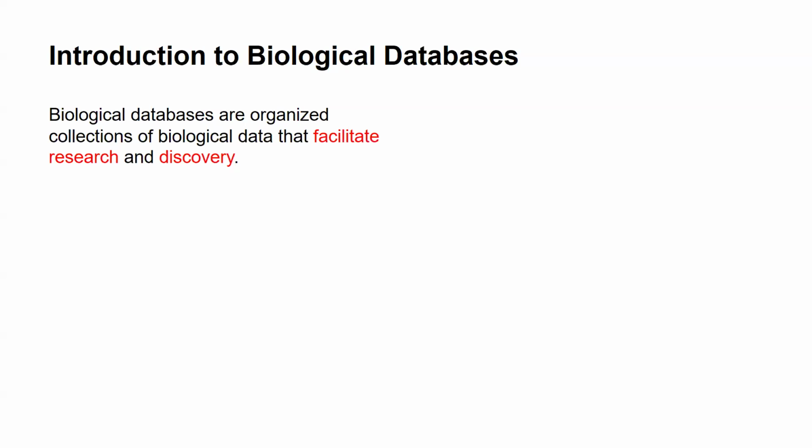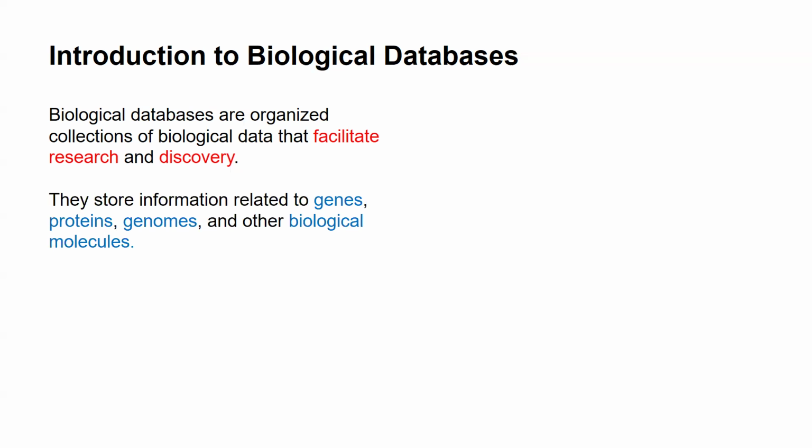So a biological database is a database that contains an organized collection of biological data that can facilitate research and discovery. This includes information related to genes, proteins, genomes, and other biological molecules.